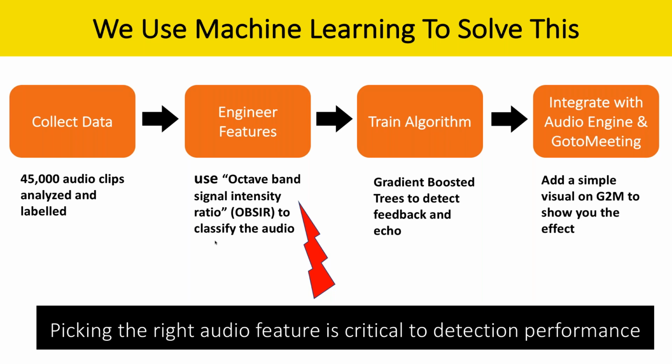In our case, the target state is to predict whether the audio has feedback or echo, or it's a normal sound. A lot of times the raw data is not predictive of that, so you have to do some creative feature engineering to generate a transformation of the raw data, to find a way to make the data predictive of your target state, your prediction.